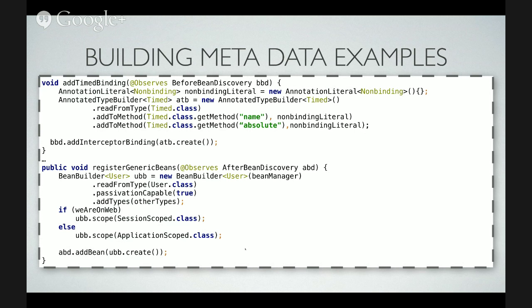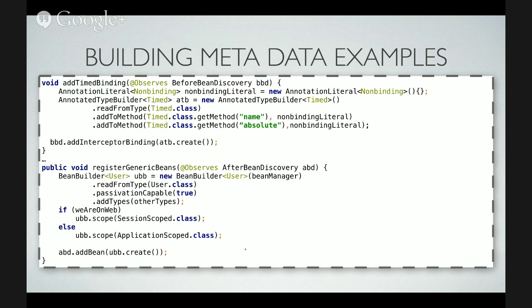In this builder, we use all the metadata coming from the user class. We tell the builder that the bean will be passivation capable. We add other types to the bean. And after that, there is a little test.